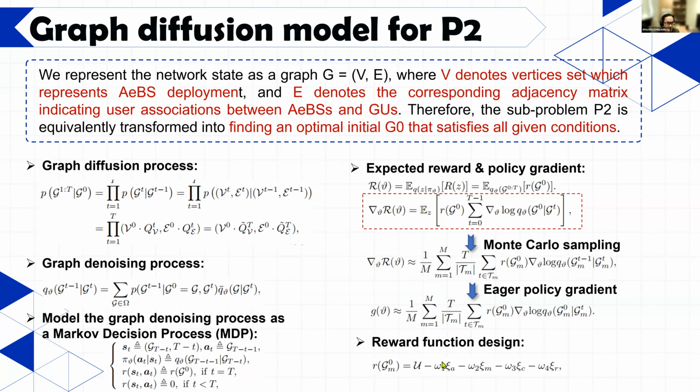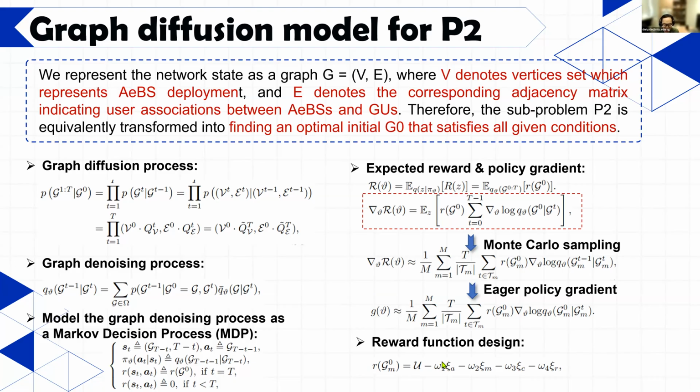So in our algorithm, we use the graph diffusion process to explore the solution. Because it is generative AI, it can explore multiple solutions simultaneously instead of exploring a single solution slowly based on exploration and exploitation.